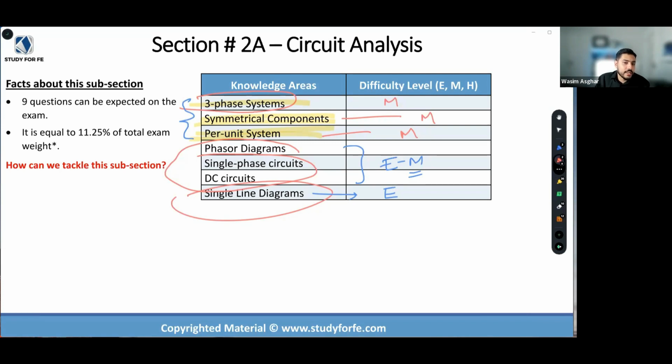I'm not saying that by spending extra hours you're never going to feel uncomfortable dealing with per unit systems or symmetrical components or three-phase systems, right? There are always curveballs that can be thrown and tangents that can be taken, but it is a worthwhile investment of your time, not only in the context of this particular subsection, but how it really impacts the rest of our PE power exam prep.